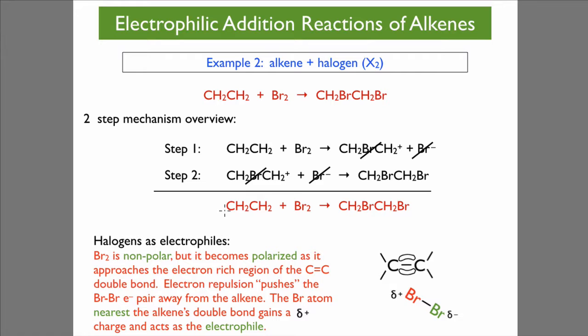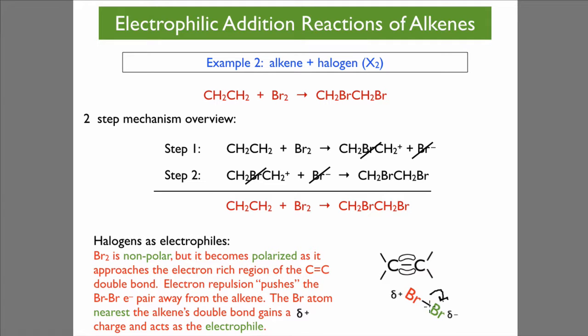The halogens as electrophiles. Bromine is non-polar, as we know, but it becomes polarized as it approaches the electron-rich region of the carbon double bond. So as the bromine molecule comes towards the double bond, the pi bond repels the electron cloud that's over here, pushing it away.